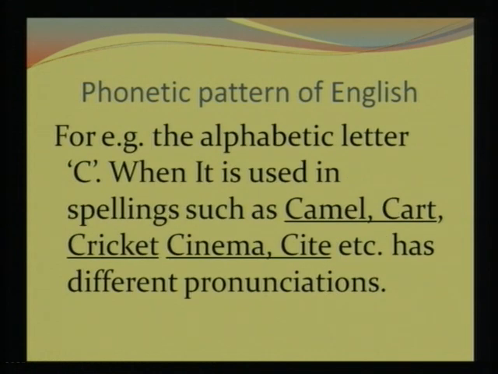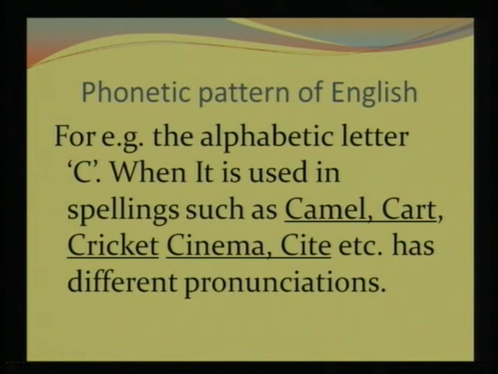For example, the alphabetic letter C, when we write it individually, we pronounce as C. But when the same letter is used in spellings such as camel, cart, cricket, cinema, sight, etc., it has different pronunciations. So let us concentrate on these words first.